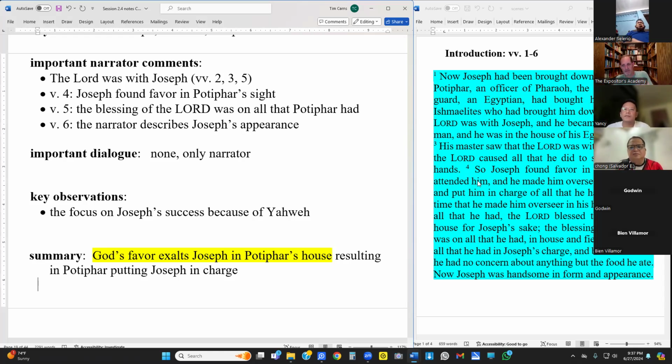That's the specific focus of this particular scene. Now, as we later look at the plot, we'll see God is doing this because it's being driven by his sovereignty in Joseph's life in order to keep the Abrahamic covenant. But that's not seen explicitly in this particular scene.